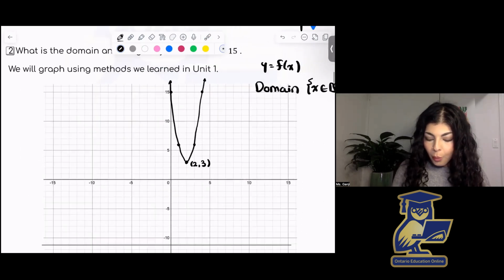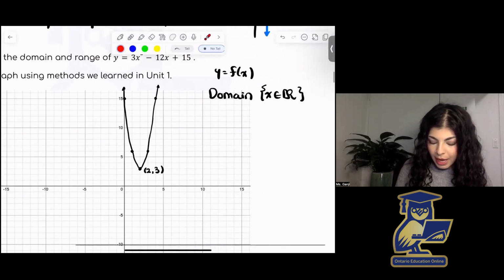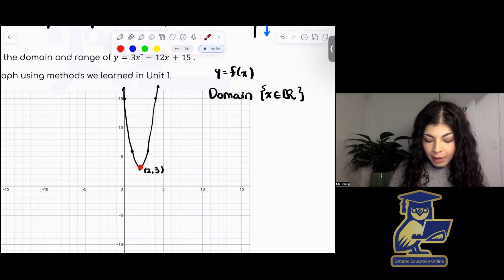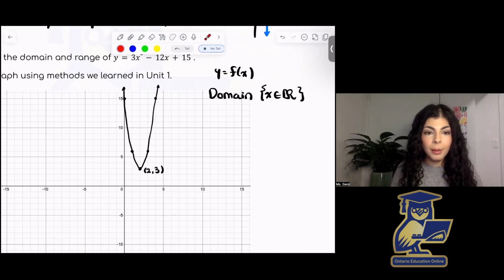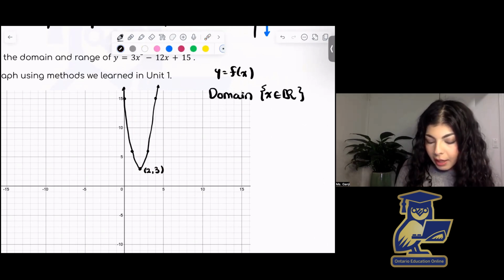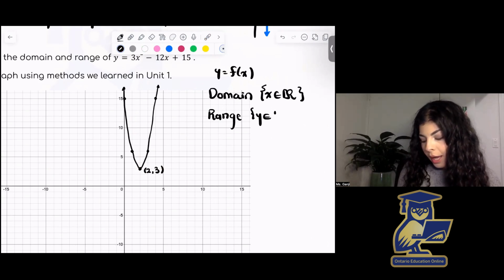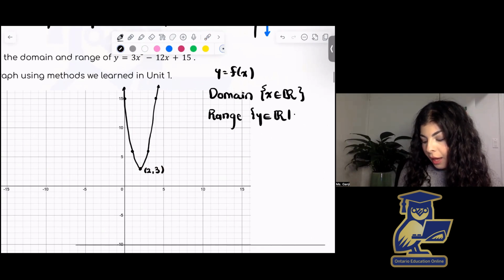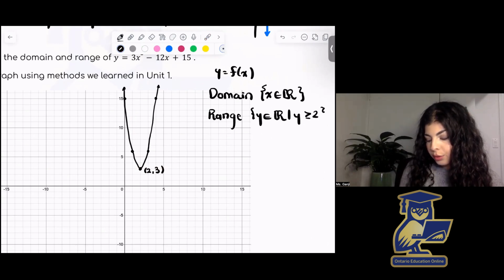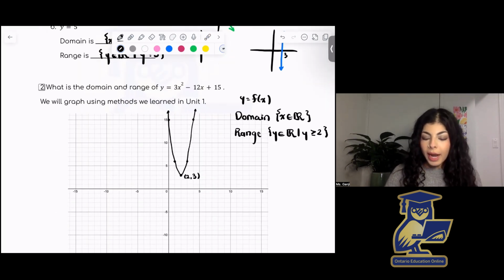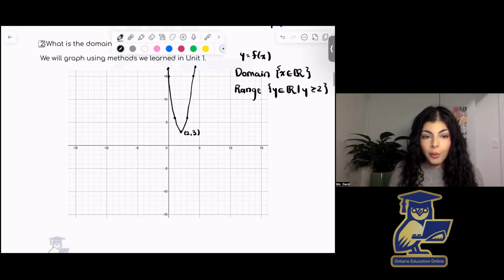So while my x values can be any x as I go from right to left, my y values can only be anything above 2. However, it can be 2 itself. So we will write range as y belongs to a set of real numbers, and y is greater than or equal to 2.